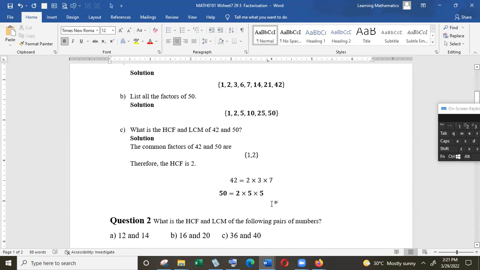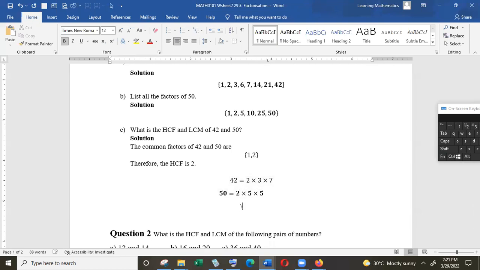That will give you 50. Whereas 42 is 2 times 3 is 6, times 7 is 42. So now, what do we want? As you can see, the highest common factor is 2. The prime factorization can also give us the highest common factor, which is 2.